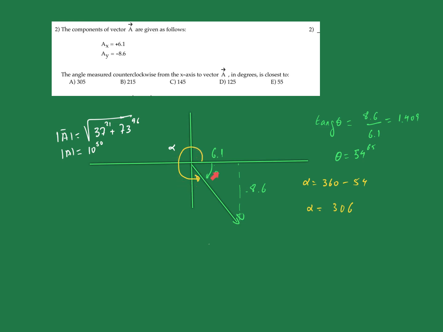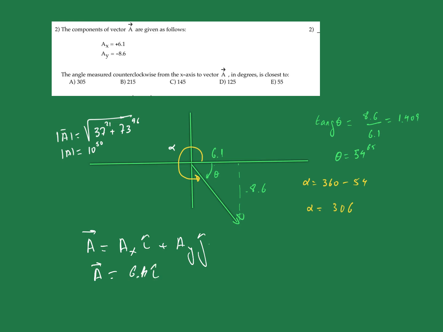This one is 360 minus 54. So the angle alpha is 306. So the vector A can be written in two ways. A can be written like AX I plus AY J. So A can be written AX 6.1.